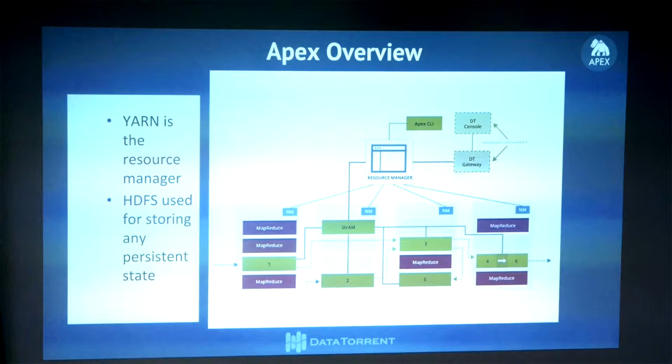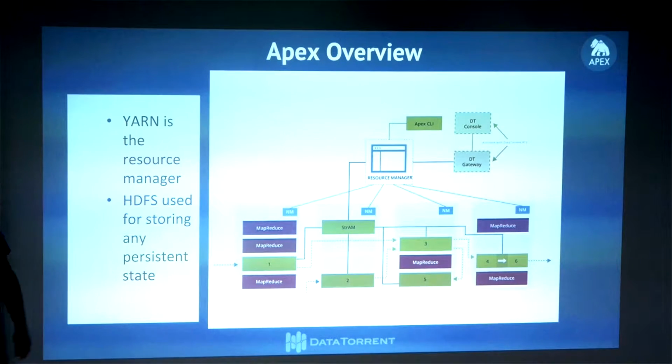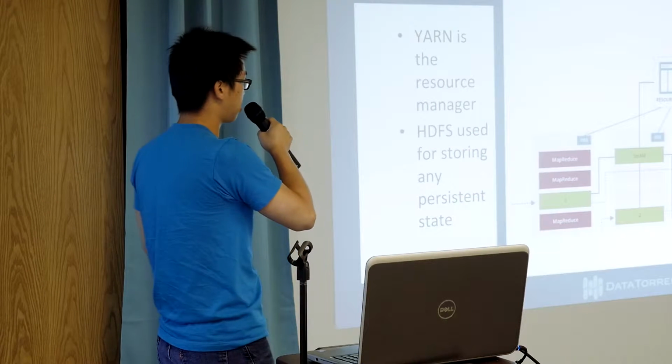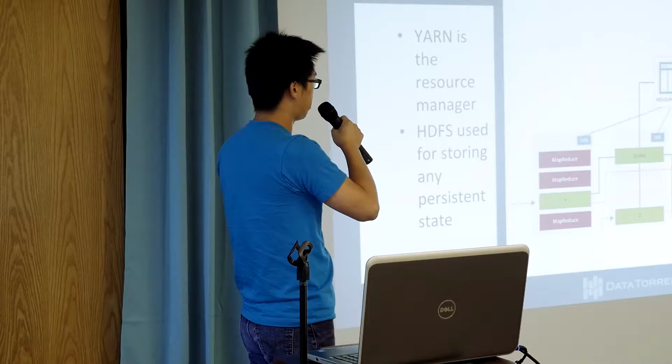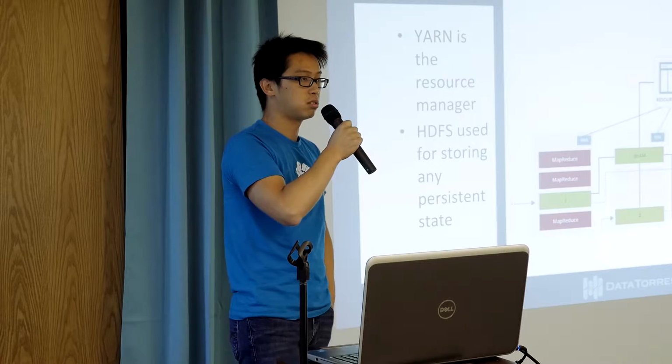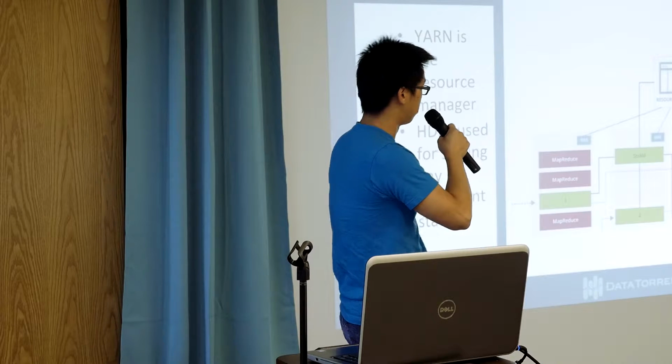In this example, there are 1, 2, 3, 4, 5, 6 different nodes. Before the individual nodes, there's a special node called Stram, short for Streaming Application Master. The responsibility of Stram is to coordinate all the other logical nodes.